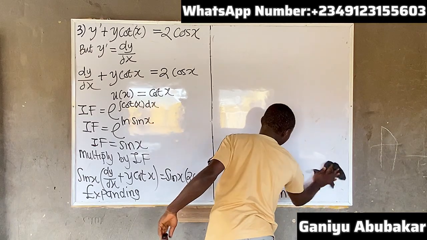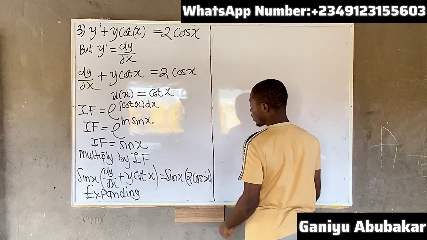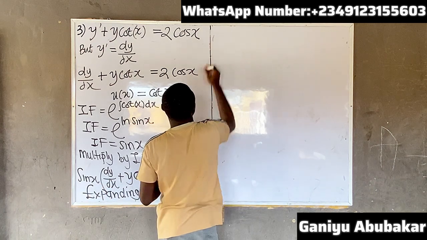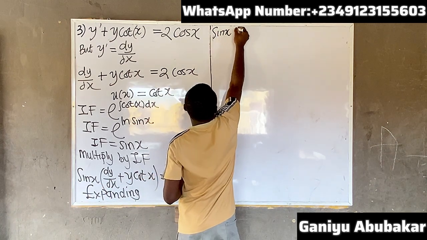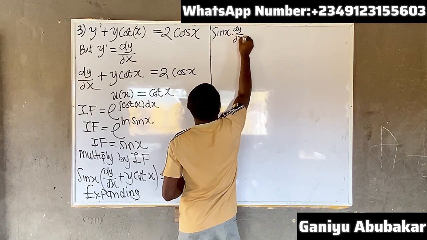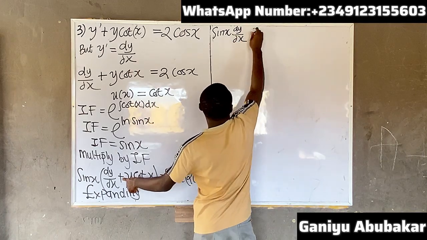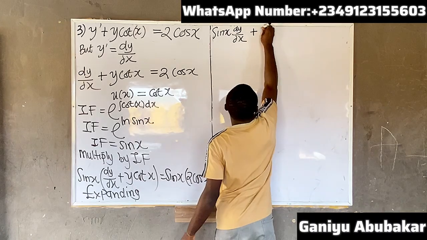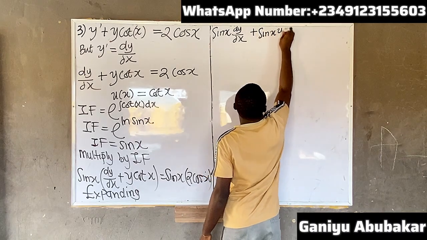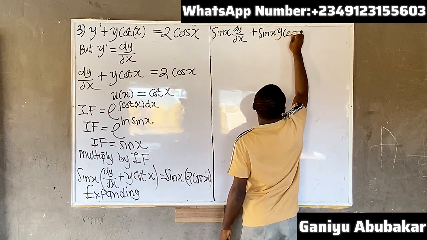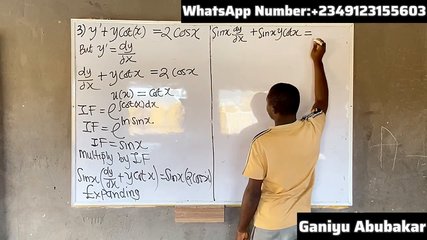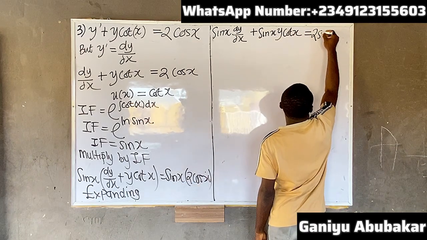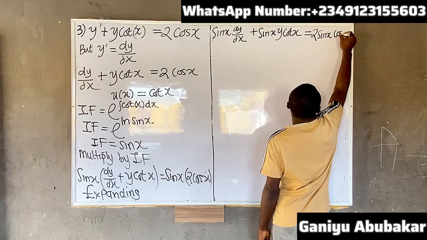That gives you sine x dy dx plus, sine x times y cot x, is equal to sine x times 2 cos x. That gives you 2 sine x cos x.